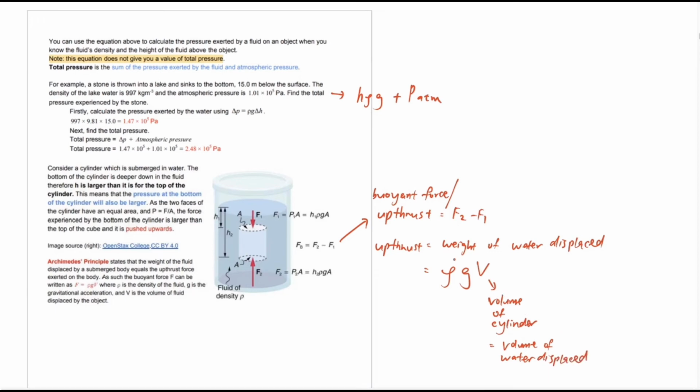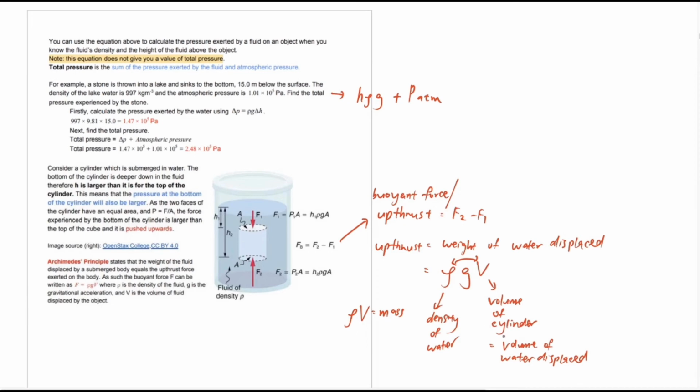Volume multiplied with density is mass. So this density, must be careful, it's not the density of the cylinder, it's the density of the water. Because we are counting the weight of water, so we have to find the mass of water multiplied with g.